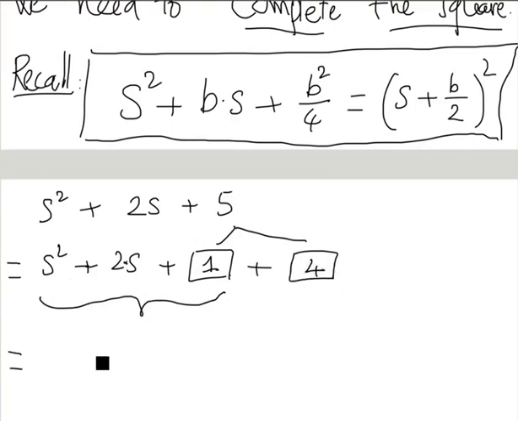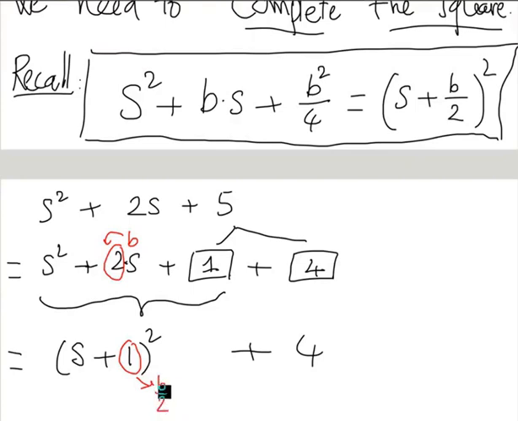The first three terms give us a complete square, s plus a half of b, which is 1, squared, plus 4. I have mentioned b, and b is 2 here. This is a half of b.